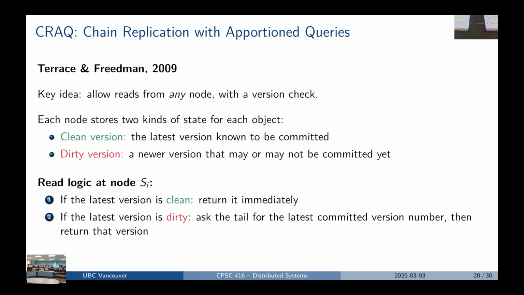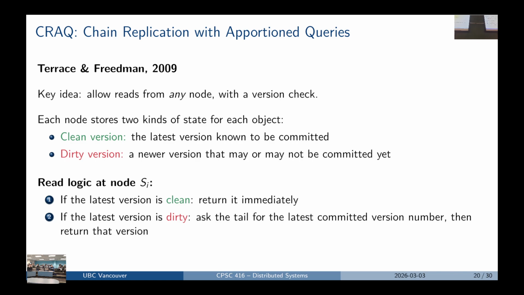The key idea here was that you add versioning. What you do is you can read through any node, but you have to do a version check. So every node has a clean version. That's the latest version that is known to be committed. Now, do you notice that we've just snuck in here? Before, we didn't have to propagate that it's been written at the tail.